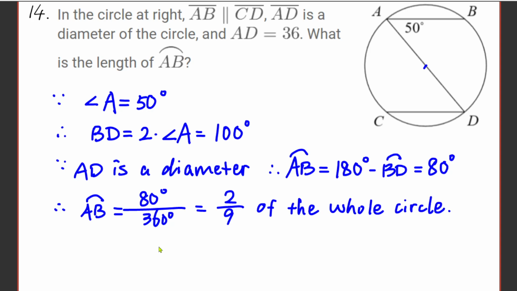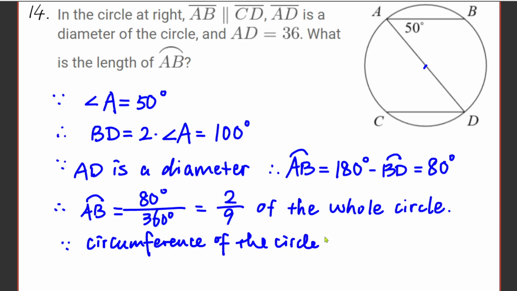Since the circumference of that circle is AD times pi, which is 36 pi, right? Then we know the length of AB.